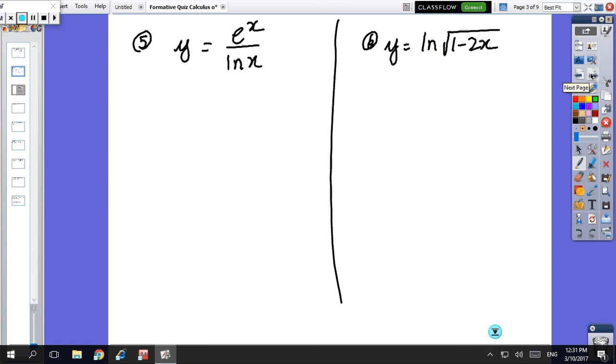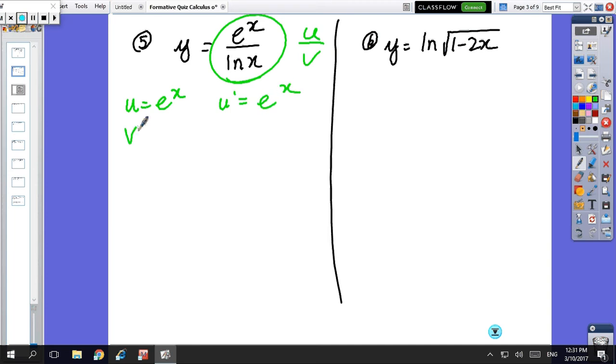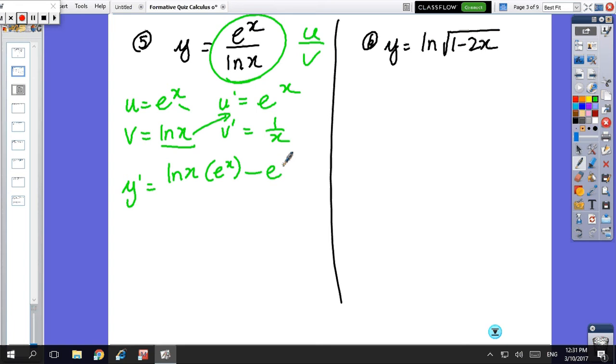Next one. Okay, so again, just look at your rules and have a go when you're ready. Okay, so this one we've got a quotient. So we've got u equals e to the x, u dash equals e to the x, doesn't change, v equals log x, v dash equals 1 on x. So the derivative equals v times u dash minus u times v dash over v squared.